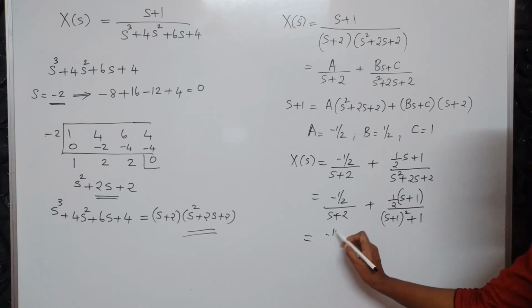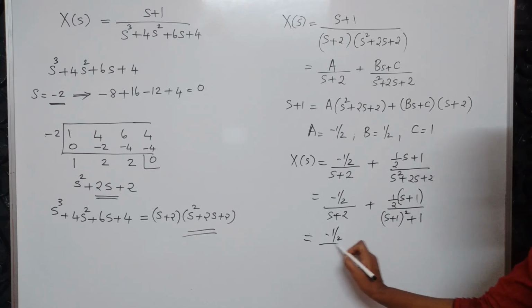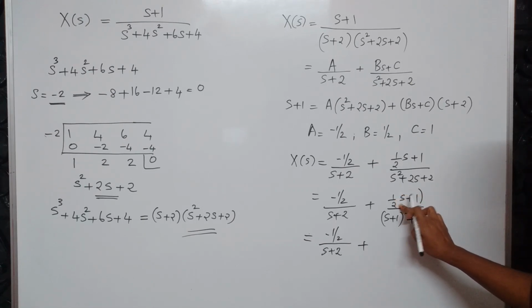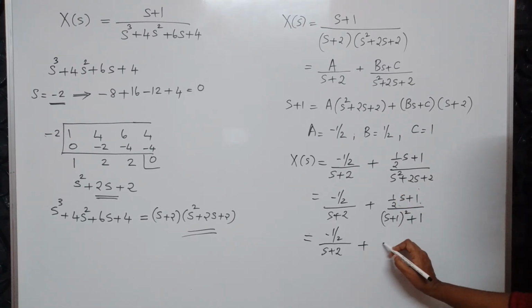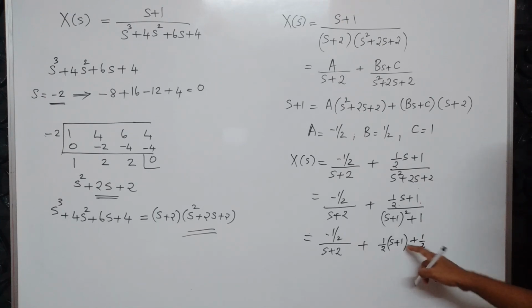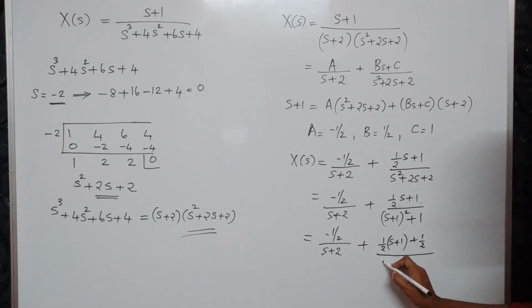This is equal to minus 1 by 2 by s plus 2 plus, what I am going to do is, I am taking 1 by 2 as common. So it will be 1 by 2 s plus 1 by 2. But here it should be 1. So that 1 by 2 I am writing it separately. So now the numerator is same. Divided by s plus 1 the whole squared plus 1.